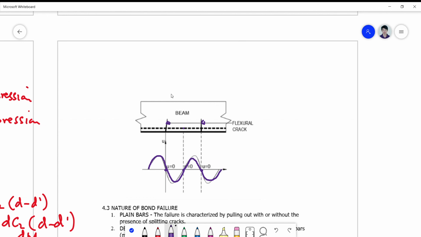The more the cracks, if I have three cracks here, my sinusoids will appear like this: 0, 0, 0, 0, and 0. So my wave will be smaller, something like this.